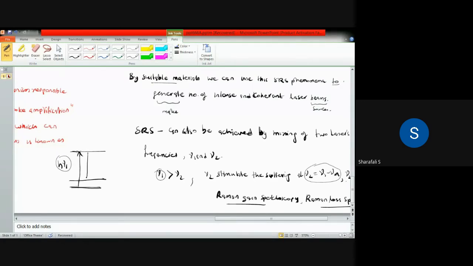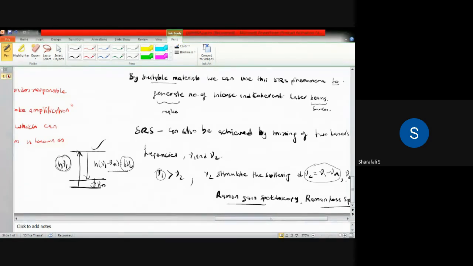When it comes back, let's say this is mu1, it will be giving you h times mu1 minus, and this should be equal to h mu2. So this mu2 frequency should have all the properties of h mu1 minus. And in that case, if this kind of process is going to happen, then obviously this mu1 frequency will be annihilated, and mu2 will always be gained, will be increased.